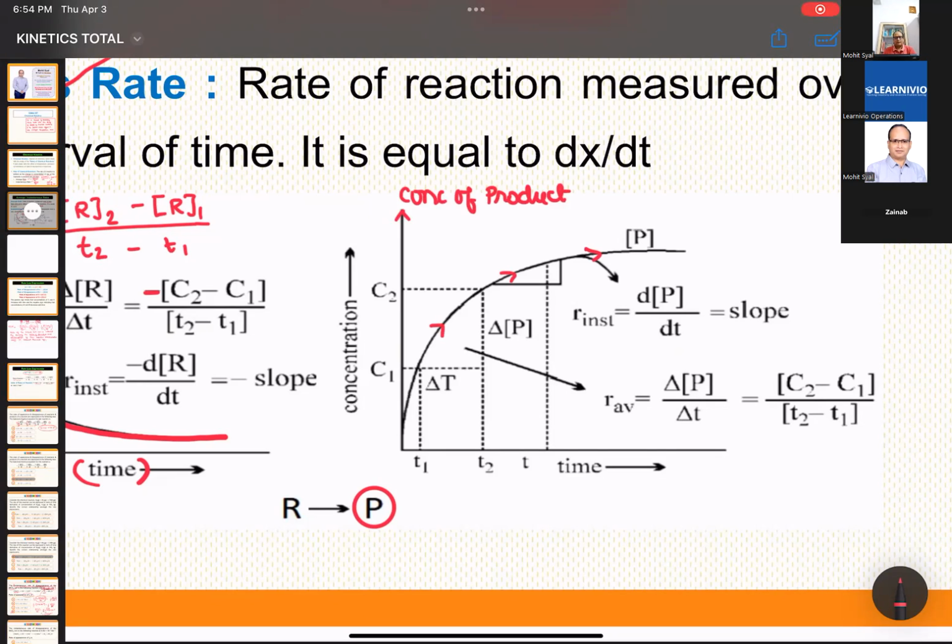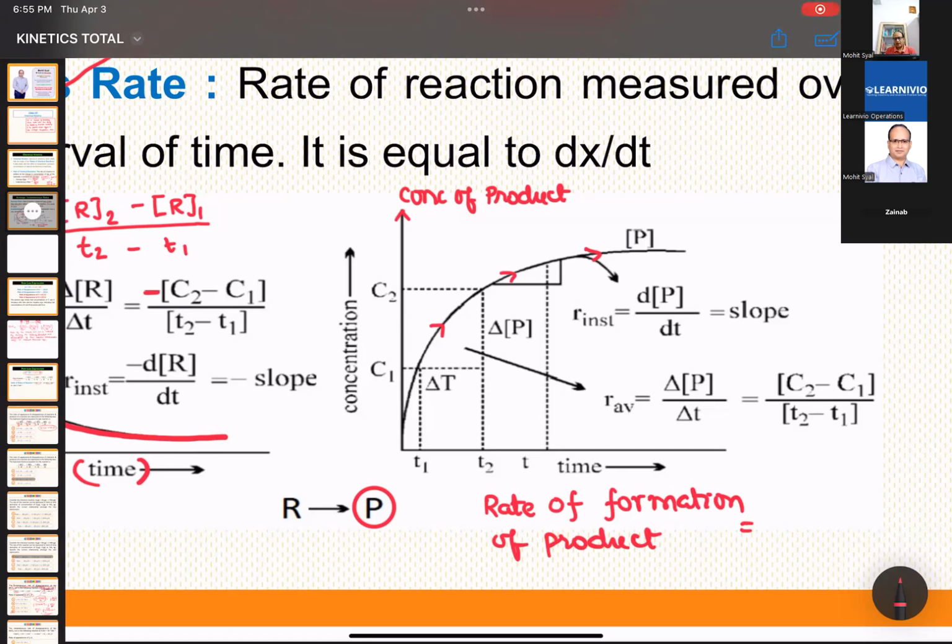And suppose somebody asks me to measure the rate of formation of product. I'm using the word formation because the product is increasing, so it is forming. Reactant is coming down, product is increasing.